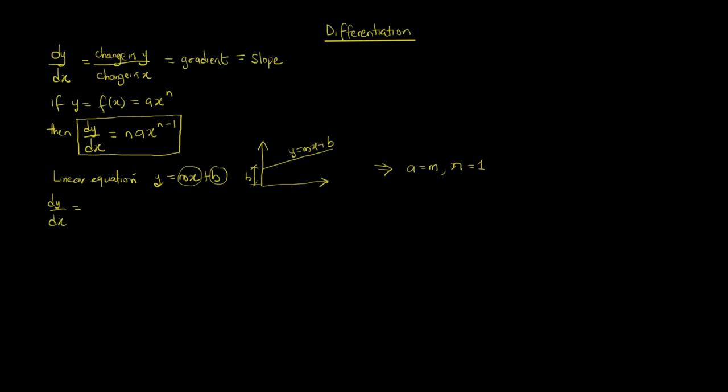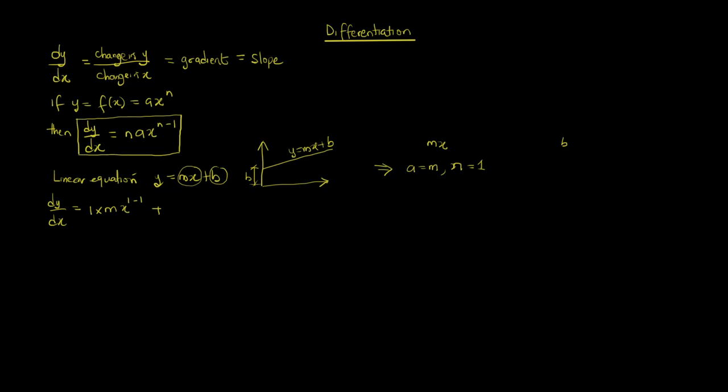So if we do that to the mx part of it, we're just going to have n times a, which is my 1 times my m, times x raised to the power 1 minus 1. Okay, good. Plus, this is just for the mx part of it. Let's look at the b part of it now and see what happens.